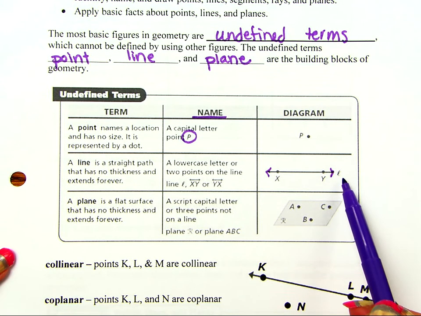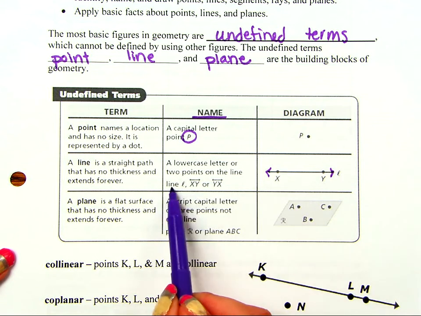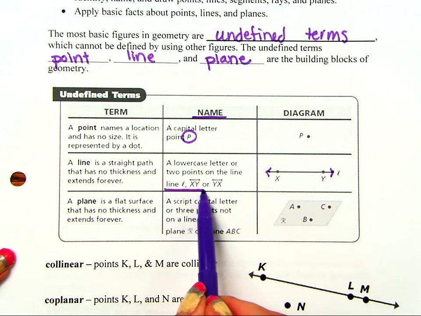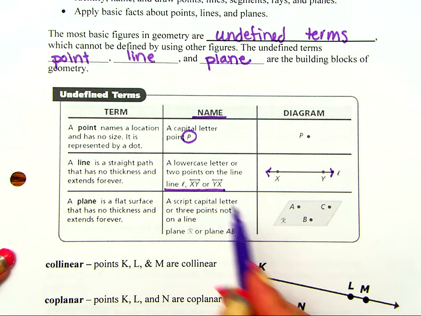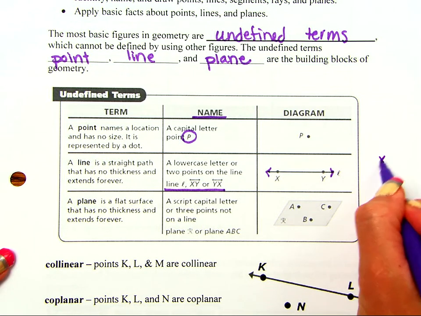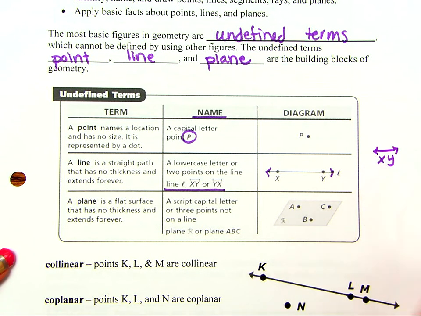They have a script letter here, a little cursive letter L, so I could use that and name it line L. Or I could use the points on the line, the X and the Y, and then I would have to put the symbol on top. So they give us those examples right in here, line L, or XY or YX, but we just have to remember to put the bar or the notation on top, something like this.